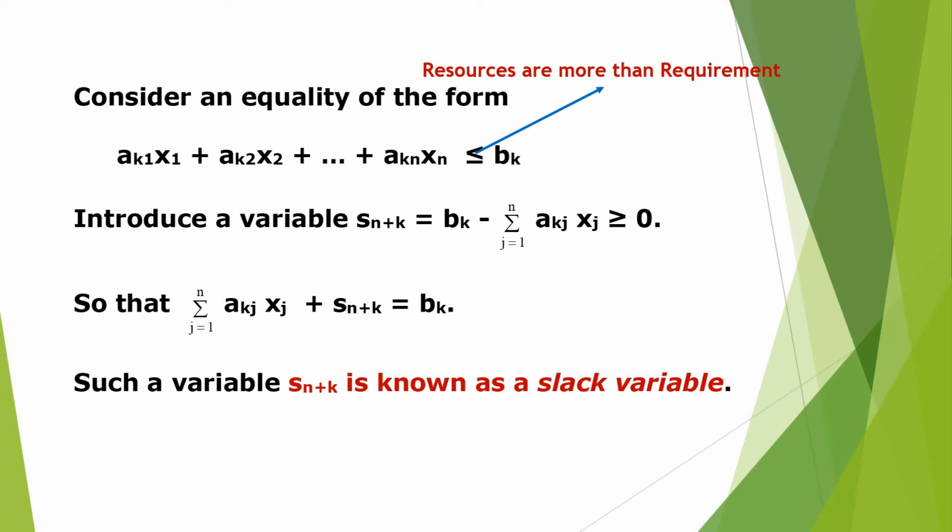So I can rewrite sigma j equal to 1 to n Akj xj plus Snk equal to Bk. Such a variable, Snk, is known as a slack variable. So here we have a slack variable when we had resources more than the requirement.